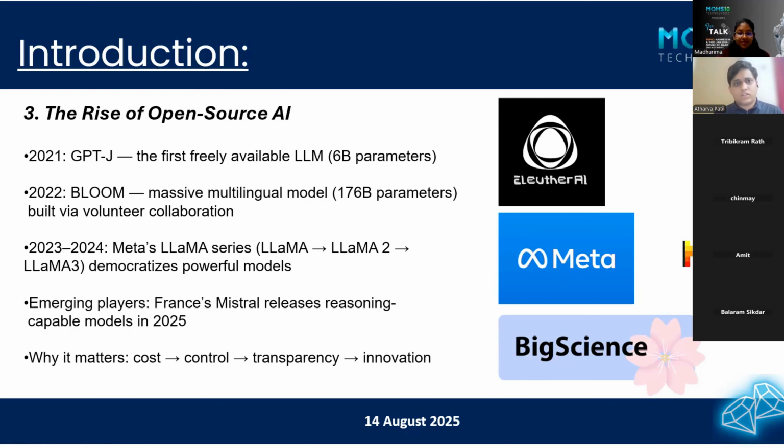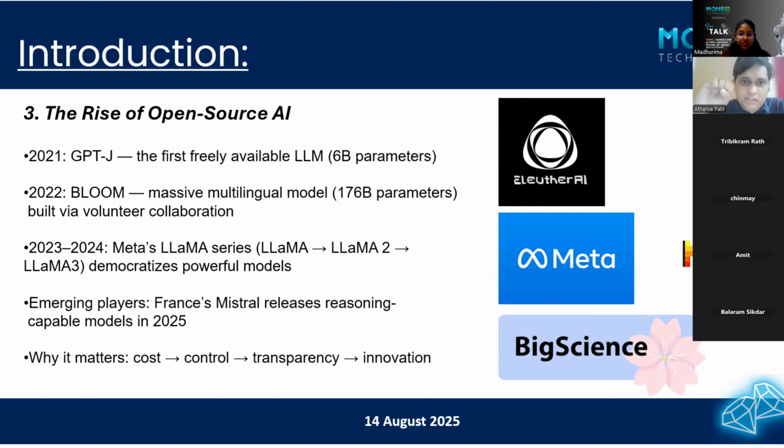It was actually GPT-J, the first ever freely available LLM, developed by EleutherAI. It had 6 billion parameters with an Apache license. This was not a world changer, but it gave rise to open source large language models. Next, in 2022, was Bloom by BigScience.